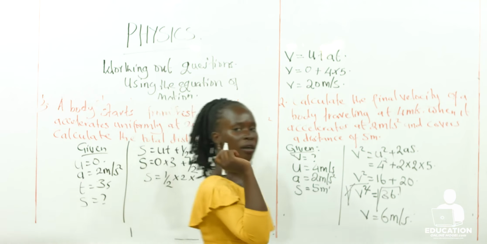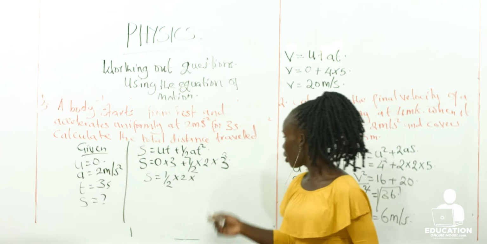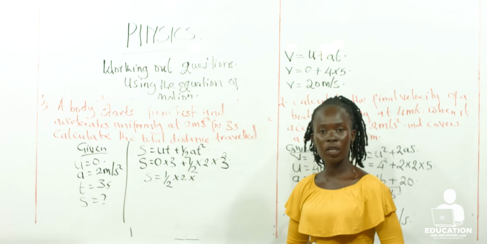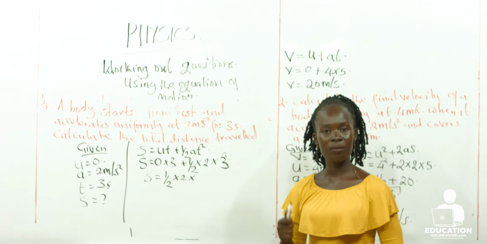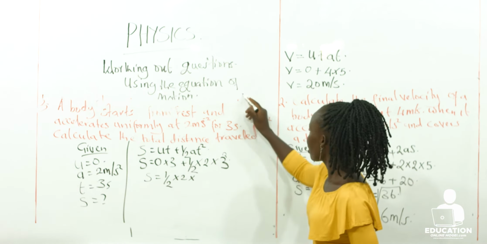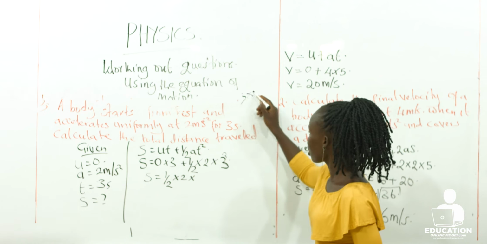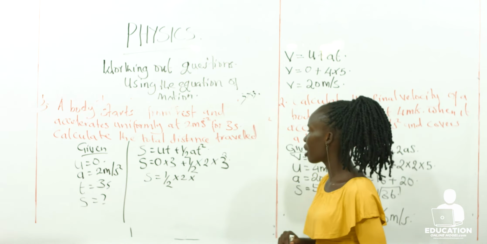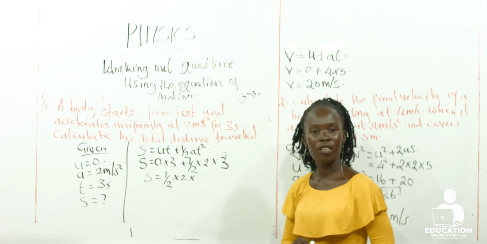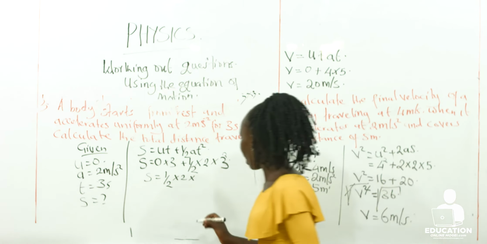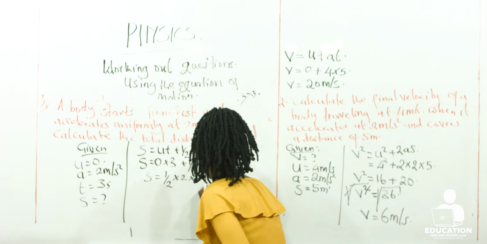When you square 3, what do you get? It is more like 3 times 3. When you have 3 times 3, how many is that? We shall have it as 9. So we're going to have this as 9 here.